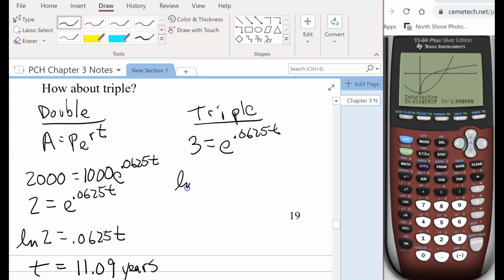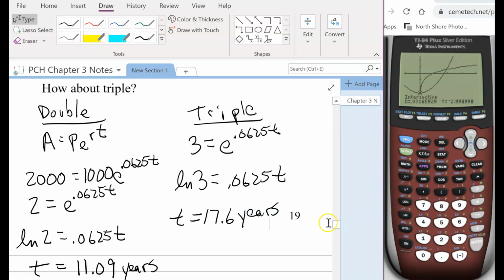And again, we'll take the natural log of both sides. So natural log 3 equals 0.0625 T. We'll divide both sides by 0.0625. And for this one, we get T is about 17.6 years. Alright, as always, let me know if you have questions about that.